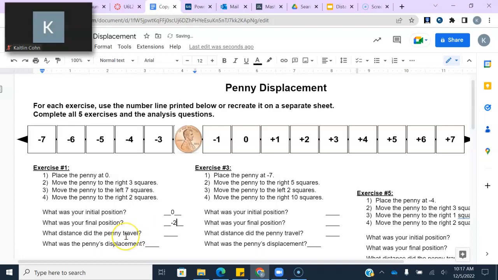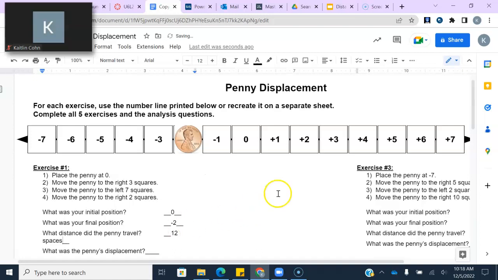Okay. So the third one is going to ask us, what distance did the penny travel? So the distance is the total. All we're going to have to do is add the numbers that we moved. So 3 plus 7 is 10. Plus 2 is 12. So the total distance moved is 12, and we always need a unit, so I'm just going to say spaces.